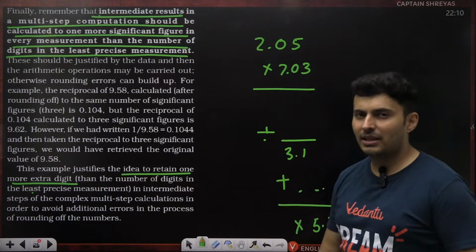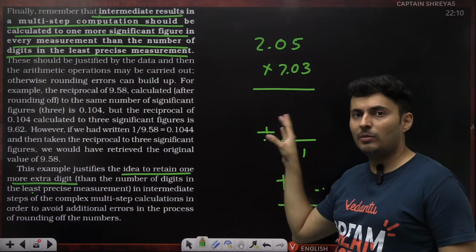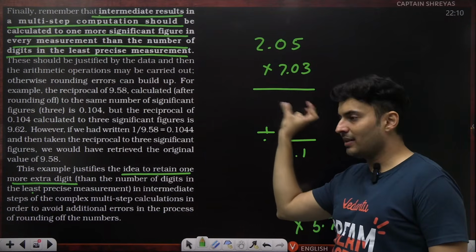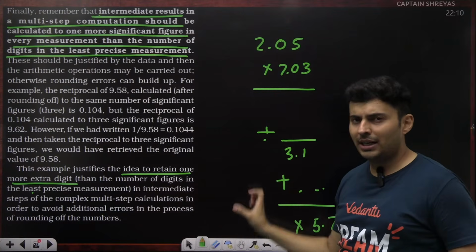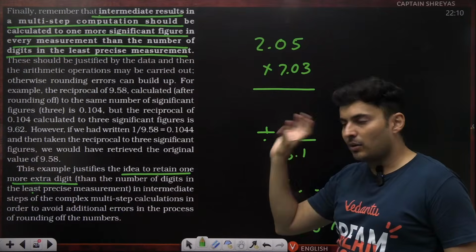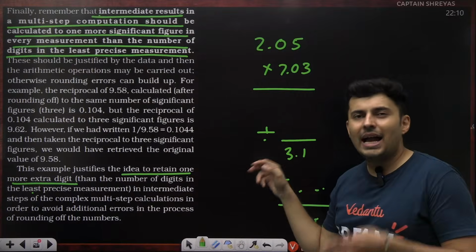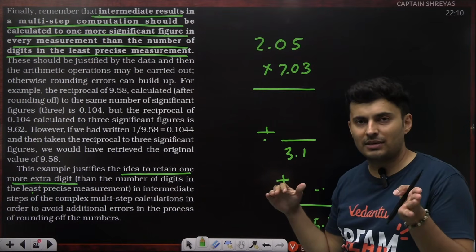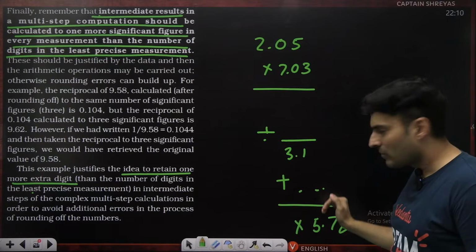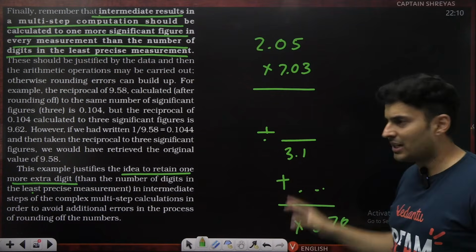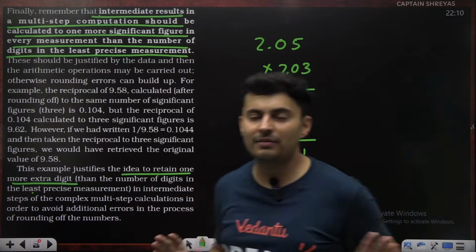You might think, let me follow the rules at every place and get it to proper significant figures or decimal places at every step. Don't do that. Whatever significant digits are needed in that particular step, add one extra digit for safety in a multi-step problem, and keep on doing the addition, multiplication, subtraction, whatever it is, till the end, and in the end you put it to the proper significant figures.